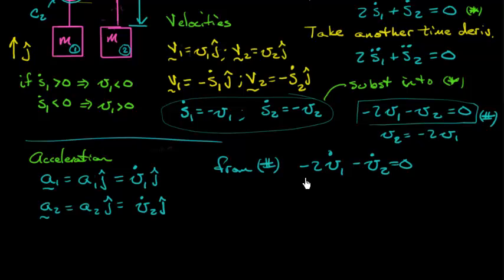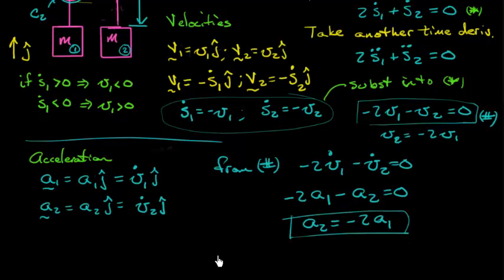I just took a derivative of that thing. So therefore I can write minus 2 A1 minus A2 equals 0. So in other words, A2 equals minus 2 A1. Aha, here's now a relationship for my accelerations.